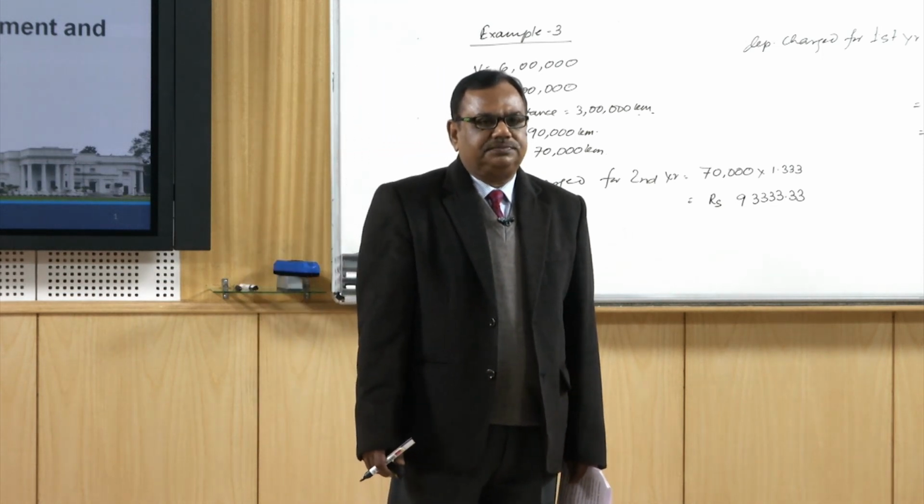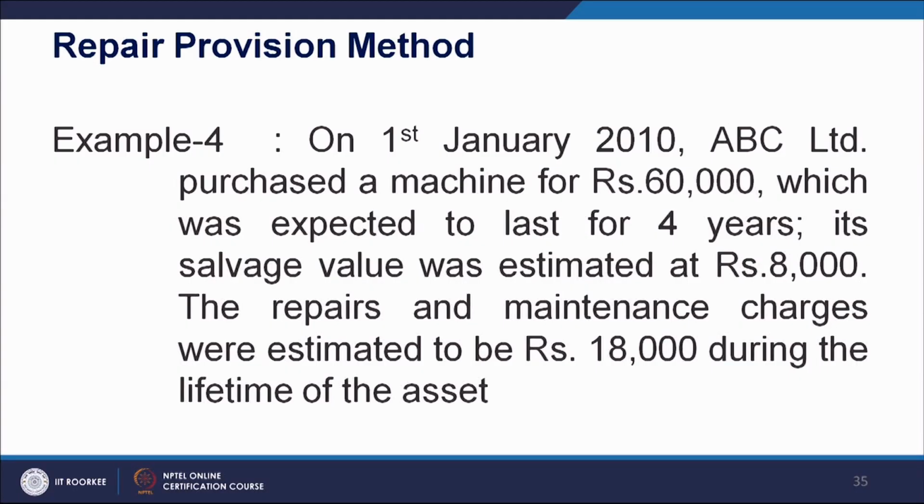Example number 4. On 1st January 2010, ABC Limited purchased a machine for rupees 60,000 which was expected to last for 4 years. Its salvage value was estimated to be 8,000. The repair and maintenance charges were estimated to be 18,000 during the life of the asset.